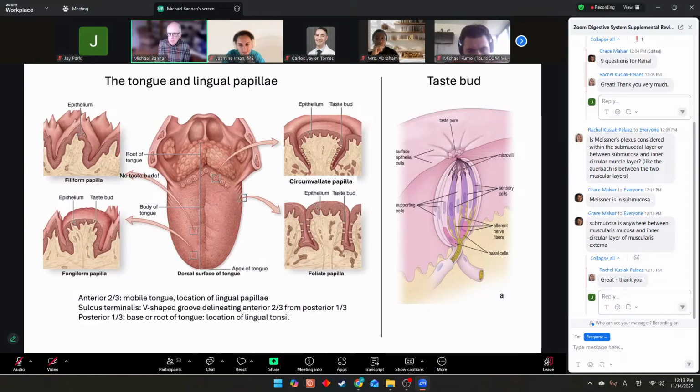Okay. Now, the specialized sensory organ that's involved with taste is shown on the diagram on the right side of the slide. This is the taste bud.